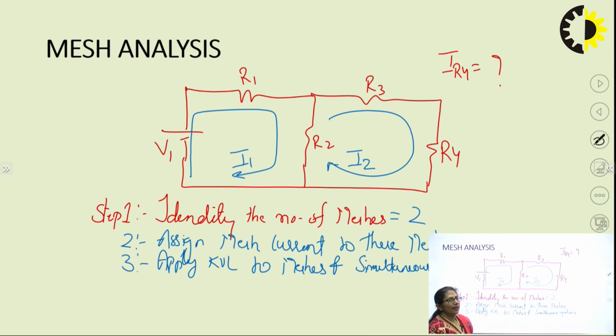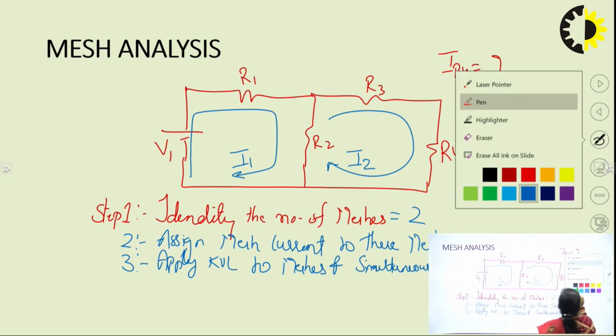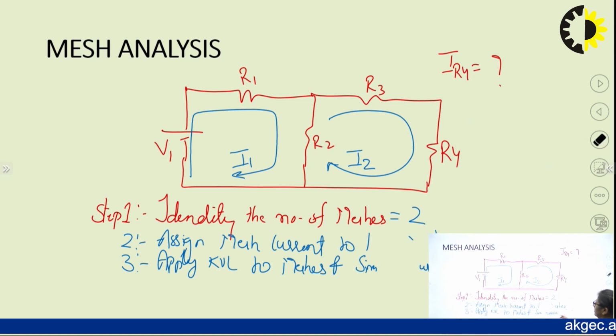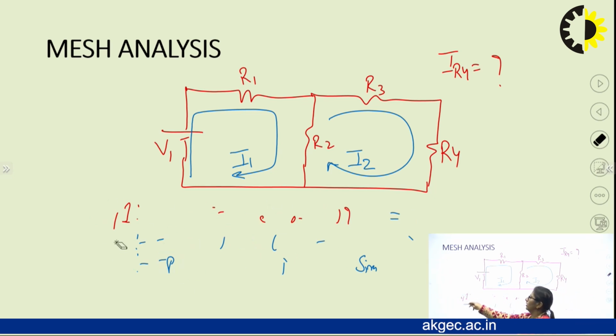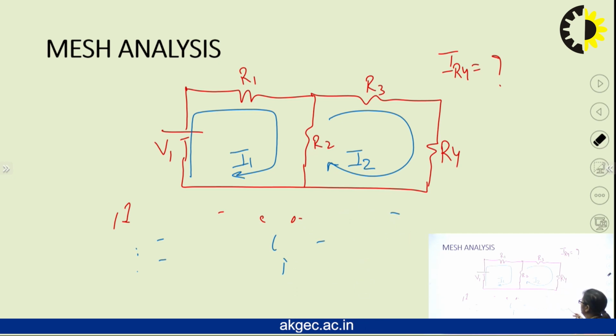Mesh number 1, applying KVL to mesh number 1. What will the equation be? In mesh number 1, I will start with the voltage source.